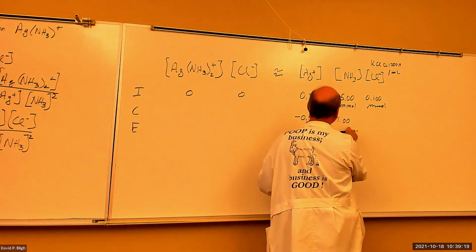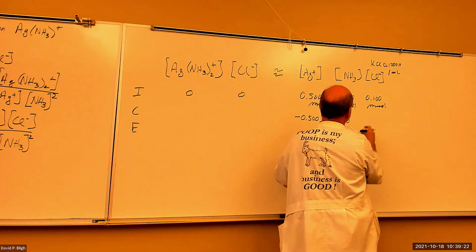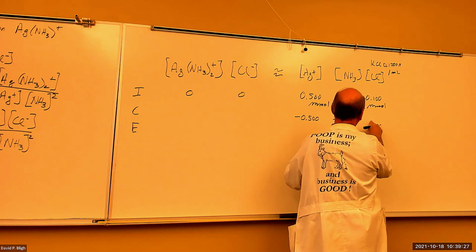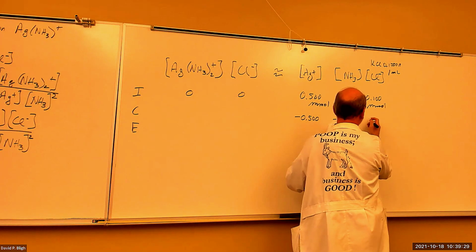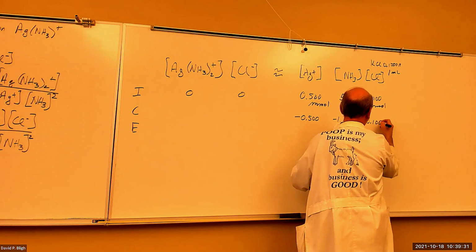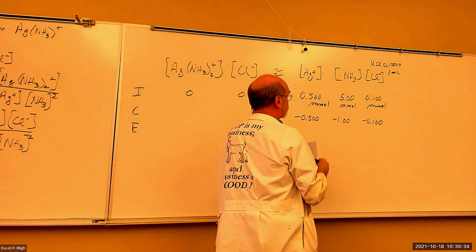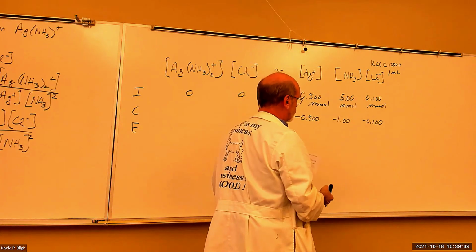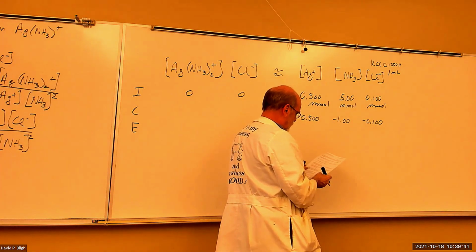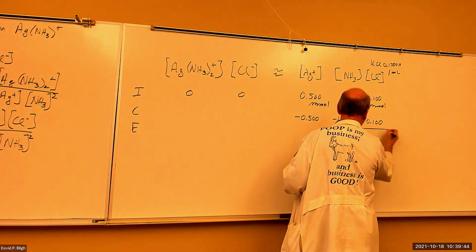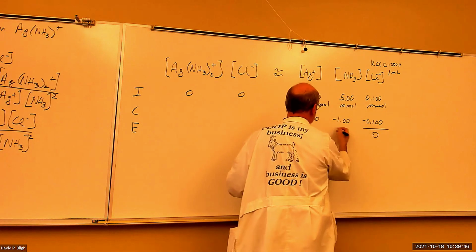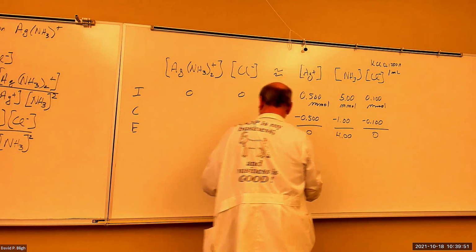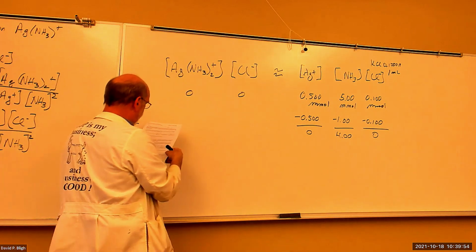Okay, and we're also using up all of the silver. It's all gone. Now, excuse me, all the chloride. All the chloride is gone. So the equilibrium situation is here is 0, here is 4, and here is 0. So what's going on the other side?